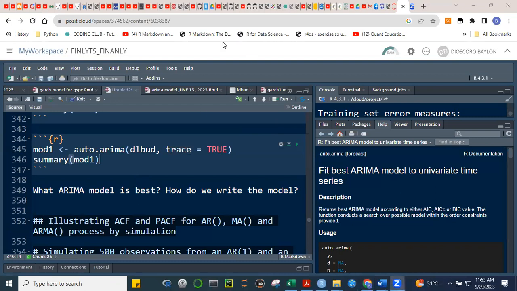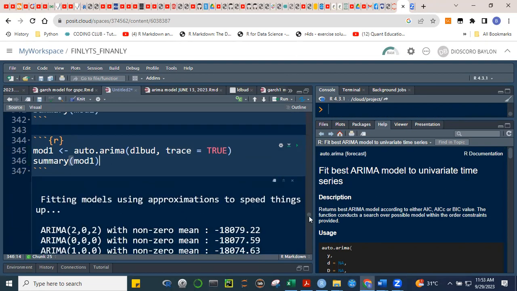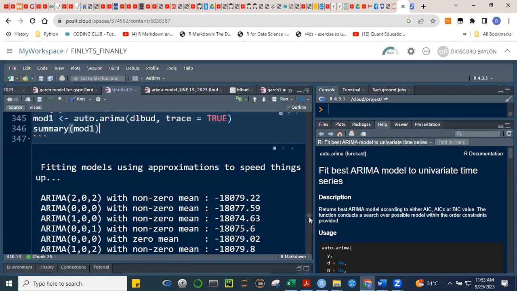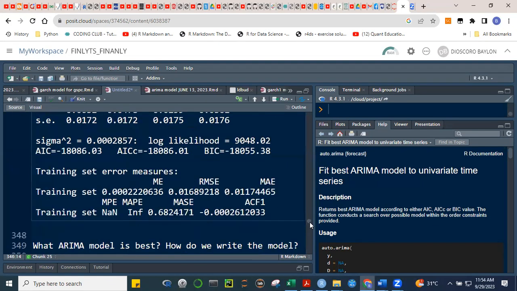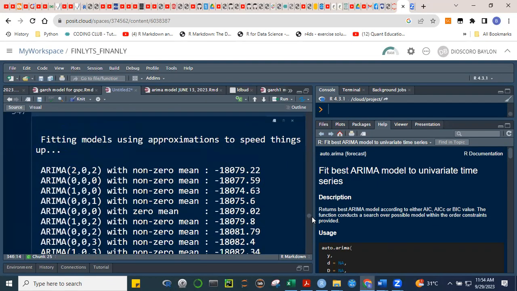And it chose the best model. Correct. Thank you, Michael. So Rhea said it gave us a list of the models, and Michael said it gave us the best model. Both of you are correct. So let's run this. You notice that R tries several models.